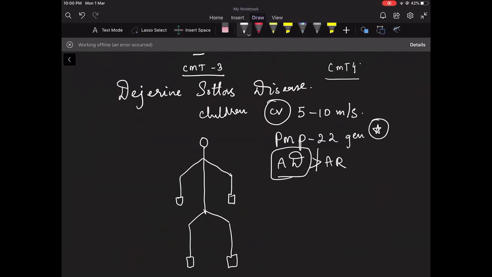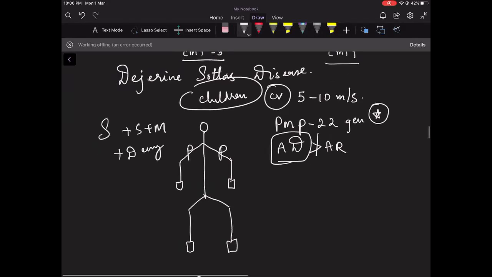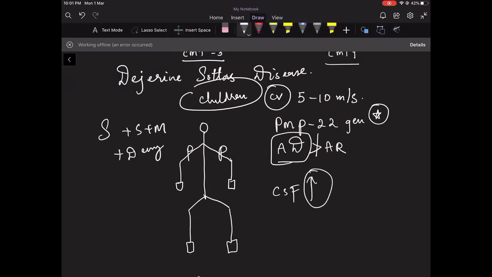The onset is usually in children, and the patient will have symmetrical sensory plus motor plus demyelinating pattern, and the patient will have proximal involvement also here. When we do CSF, the protein might be elevated with no pleocytosis. And the classical nerve biopsy changes of onion bulb will be seen here. All these findings will be seen in this.